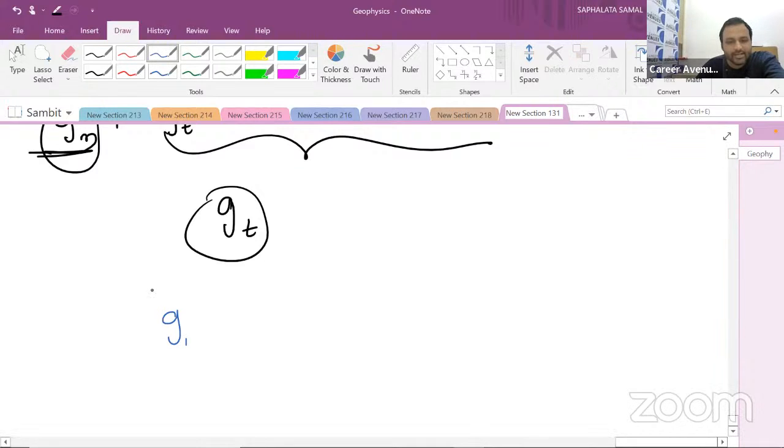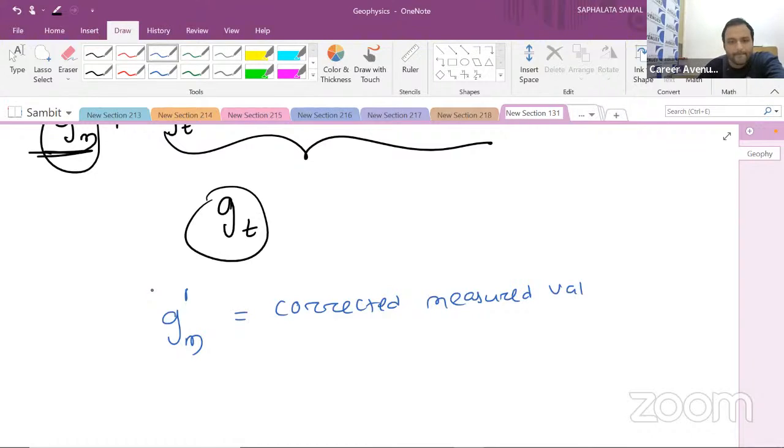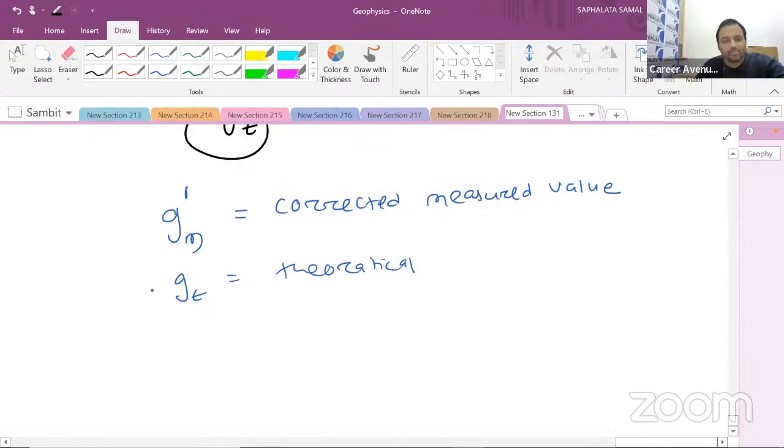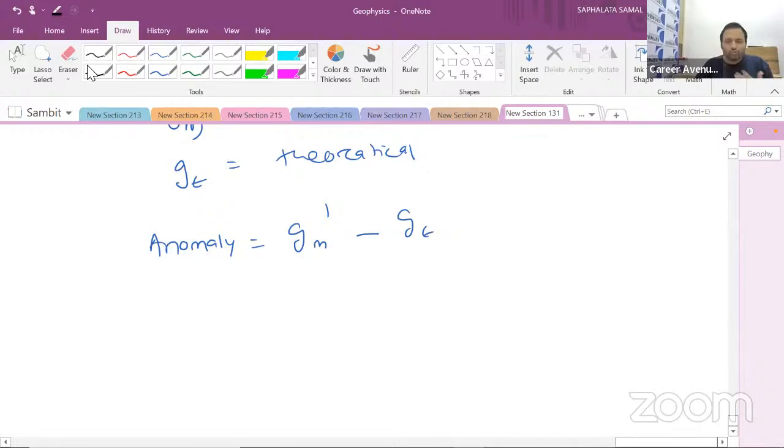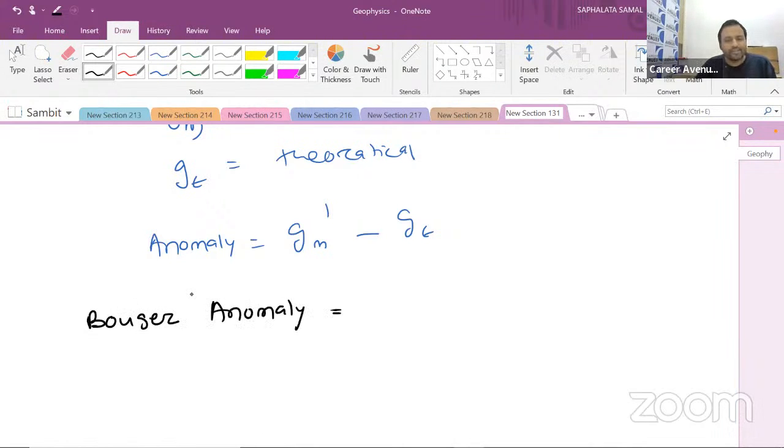So we have the corrected measured value, suppose that is Gm dash, and GT is the theoretical value, and my anomaly would be equal to Gm dash minus GT. Basically, two major anomalies we discussed. One is the Bouguer anomaly. Another is the free air anomaly.